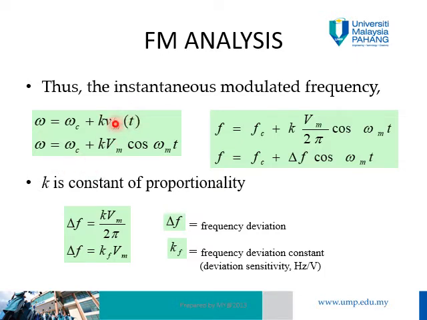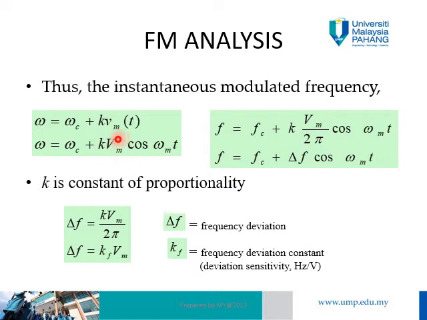Likewise, for the frequency in terms of f, we divide by 2 pi. So this same equation, divided by 2 pi, we have f instead of omega. f equal to fc. f is the frequency of the FM signal, equal to fc, the frequency of the carrier, plus k Vm cos omega mt over 2 pi.